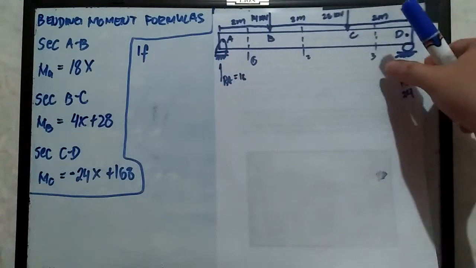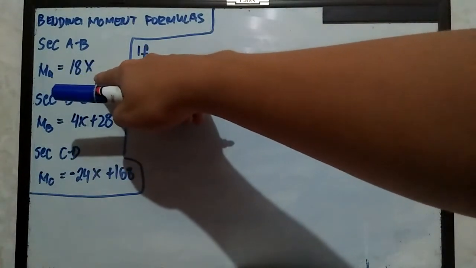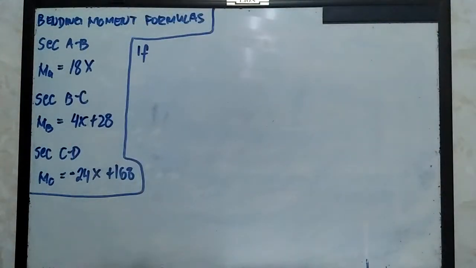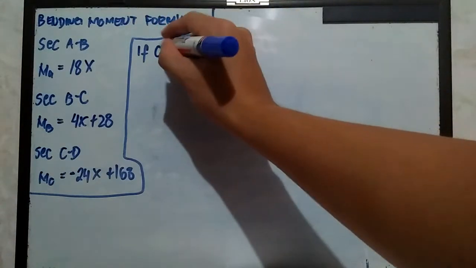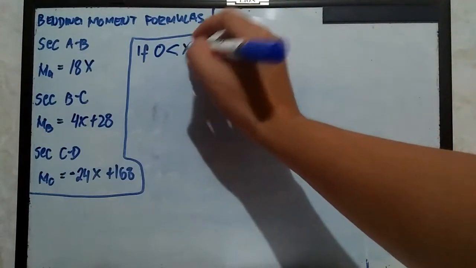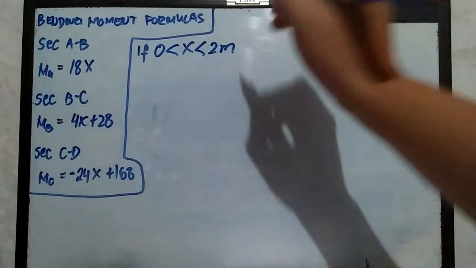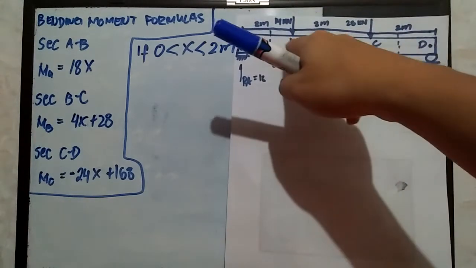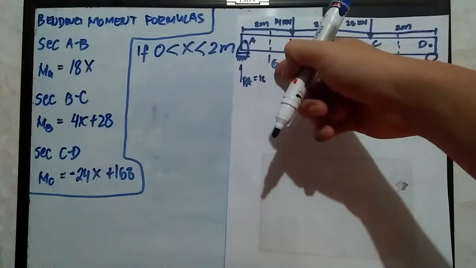That means we're going to assign x, because this is the indefinite measurement that we managed to obtain from cutting the beam in sections. So if x, we are going to start at 0. If x is greater than 0 but less than 2 meters, right? Because we are at section A-B, at this cut at 1.